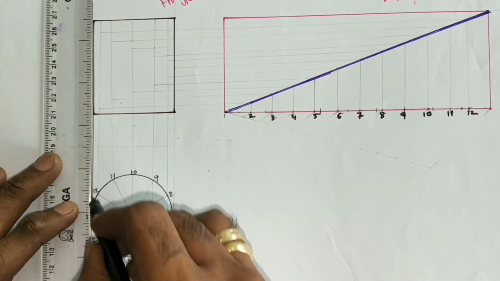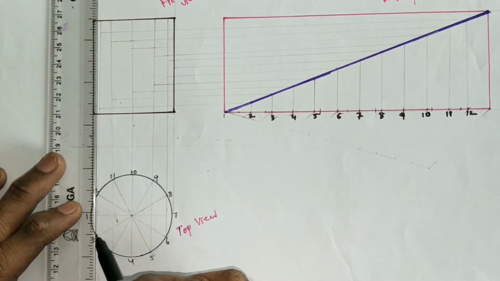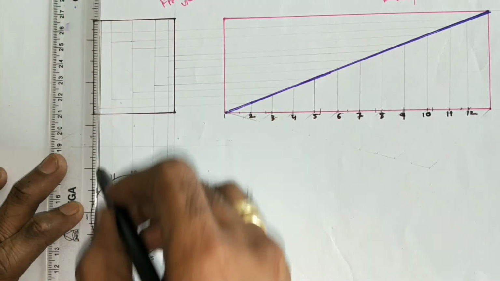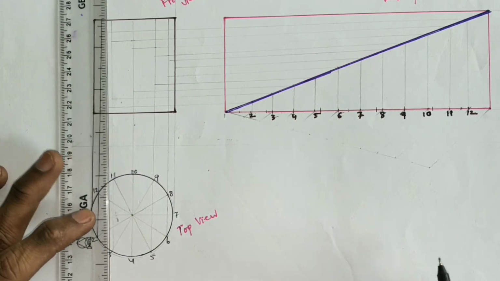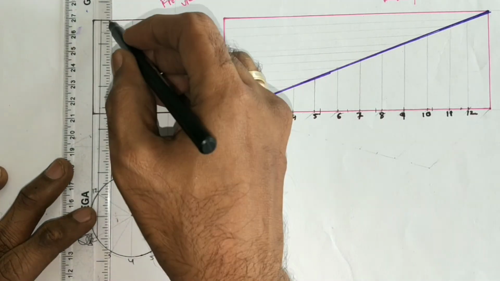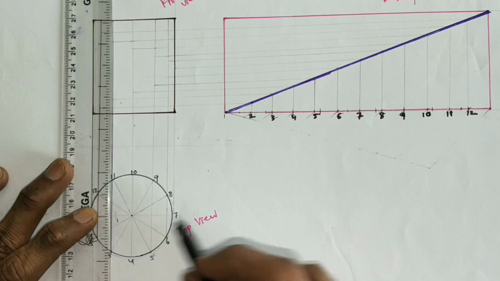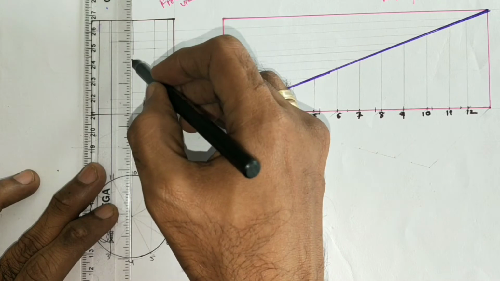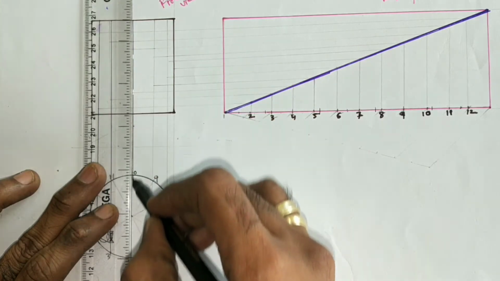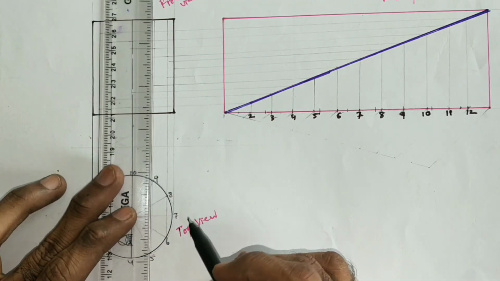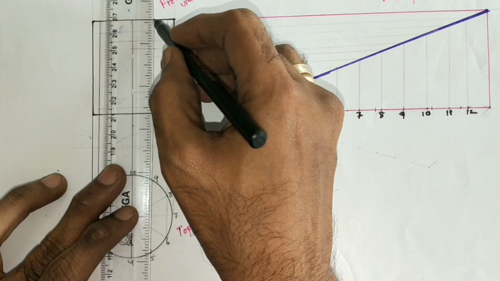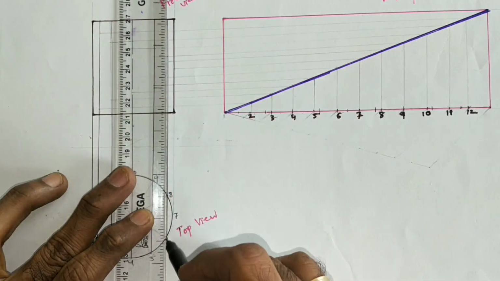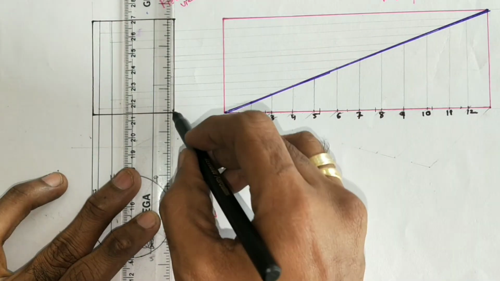So this is from 1. Next, 2 and 12 are going to coincide. Next, 3 and 11. And 4 and 10, this will be the axis actually. And 5 and 9 are going to coincide. 6 and 8, and this is from 7.